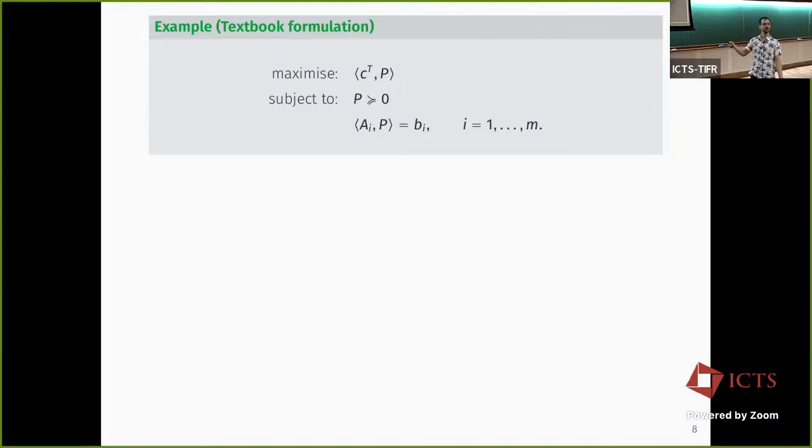So this is a dot product. And then I want to say that this matrix is positive semi-definite. And then I want to say that, if I take those unknowns P and, again, dot product them with some other known vectors or matrices, then I get some known values.